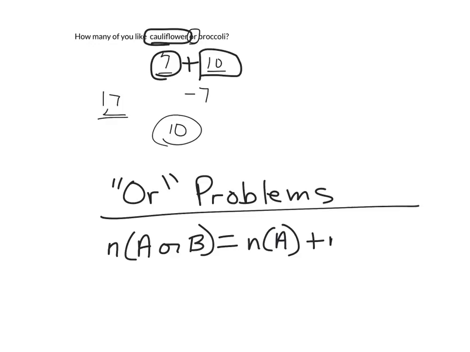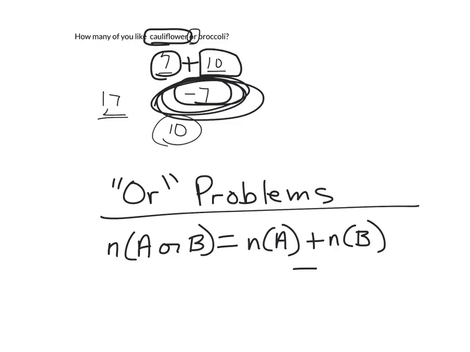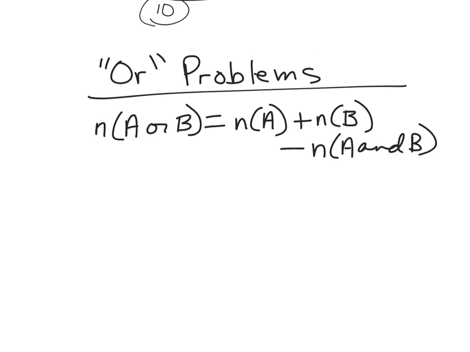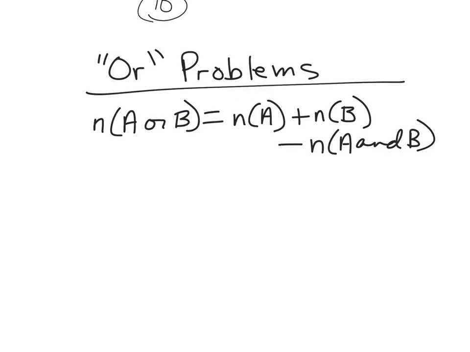So the number of B, minus, what was this 7 here? The number of both. That's right. So the last thing we're going to do is subtract out the number that like A and B. So anytime this chapter we get an or problem, we're going to go straight to this formula and plug into it.